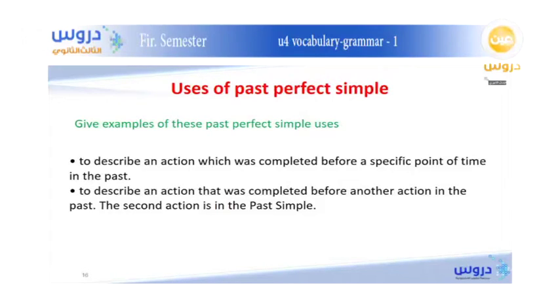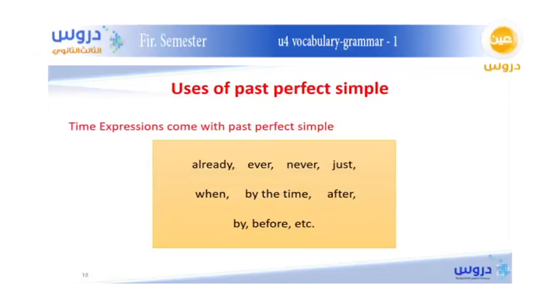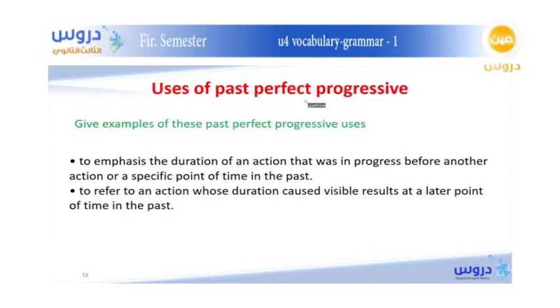All right. Keep in mind, past perfect simple focuses on the actions in the past, while past perfect progressive, in general, I'm talking in general, focuses on duration. All right. So to emphasize the duration of an action that was in progress before another action at a specific point of time in the past, also to refer to an action whose duration caused a visible result at a later point of time in the past.